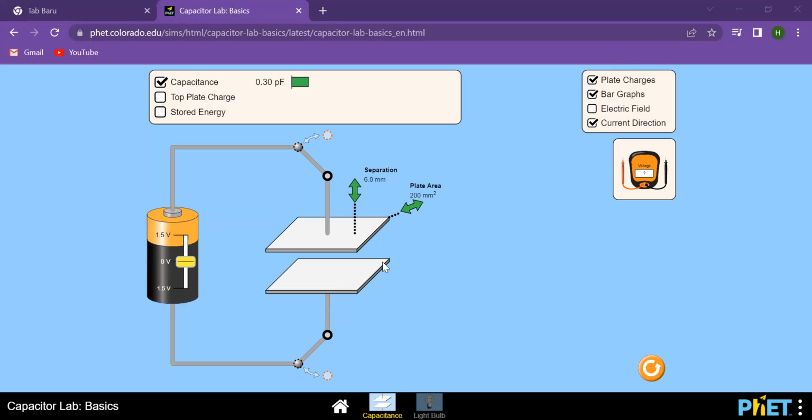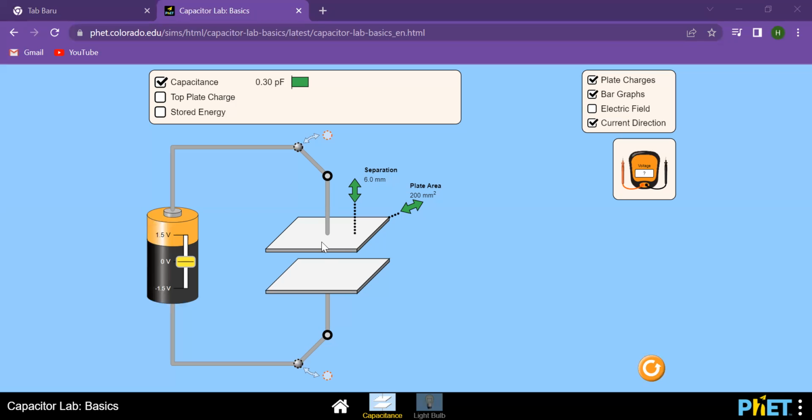Actually, in every capacitor, you may find two plates inside. And in the simulation, these plates are the example of two plates inside of every capacitor.